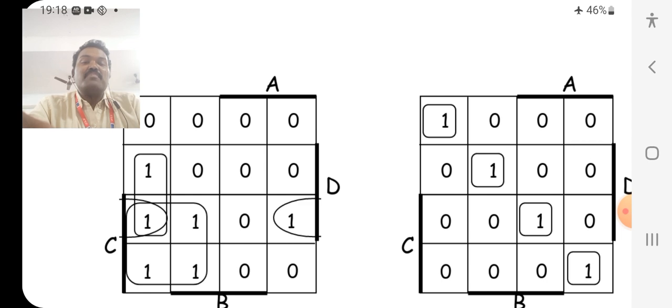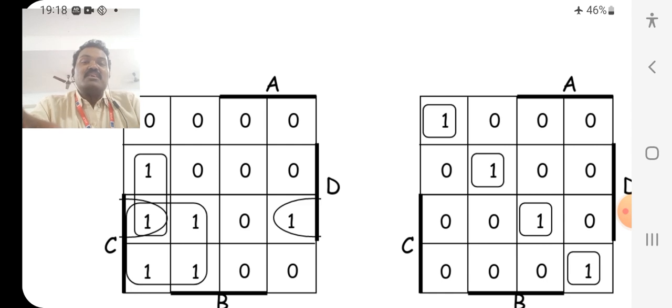What is a pair, quad, octal? Single cell means marking only one single cell. Pair means if you group 2 ones, that is called a pair. If you group 4 adjacent ones, that is called a quad.